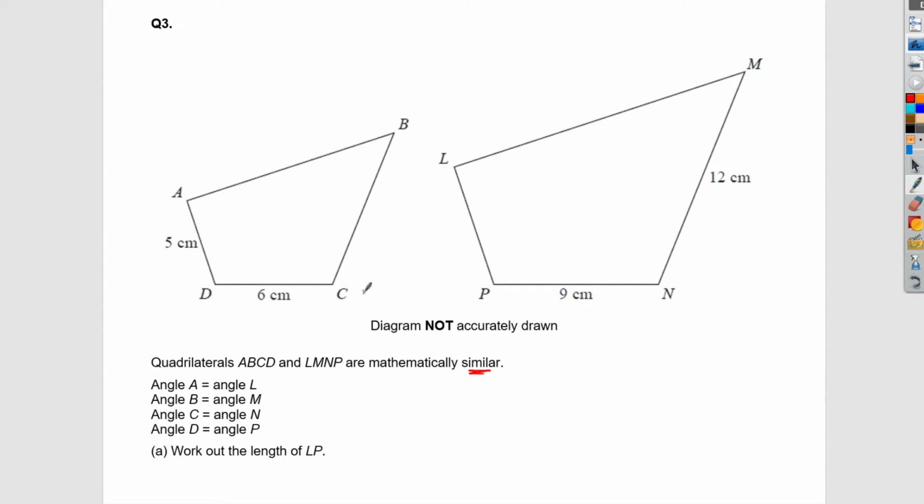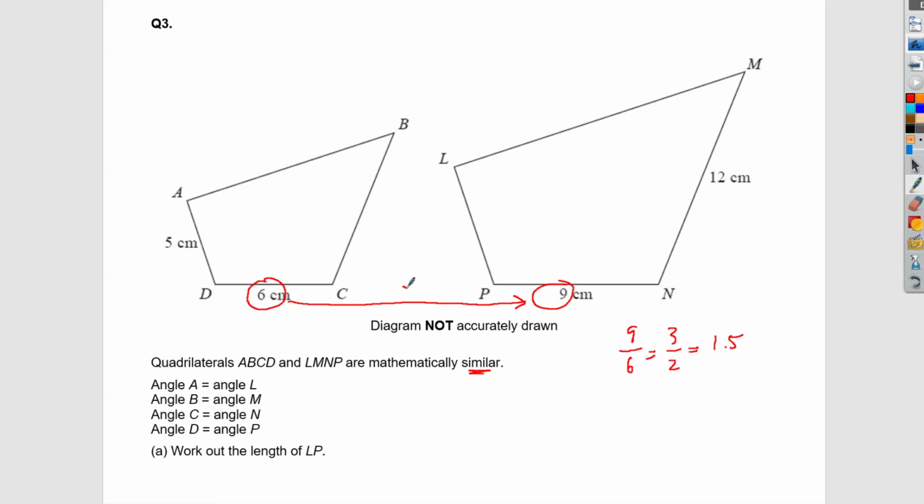Okay, so they're going to be multiplied by some scale factor to get to each side. If we start from looking at these sides, since they are corresponding, 6 goes to 9. You can see what's going on there. You can just do 9 over 6, which is 3's into 9 is 3, 3's into 6 is 2, so that's 1.5.